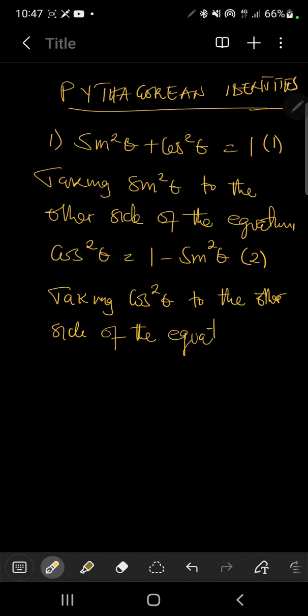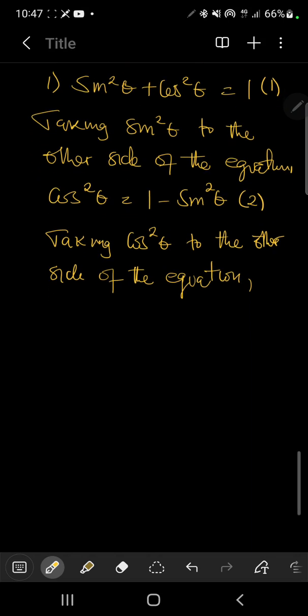Then we can say again, taking cos squared theta to the other side of the equation, we get sine squared theta is equal to 1 minus cos squared theta.